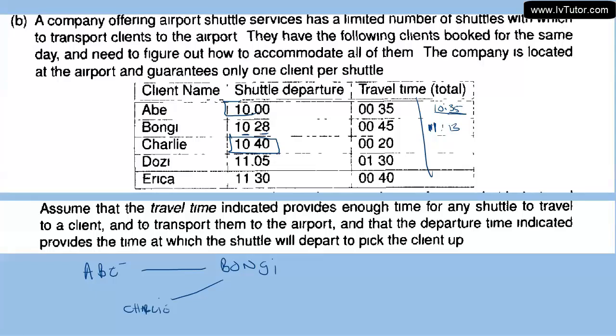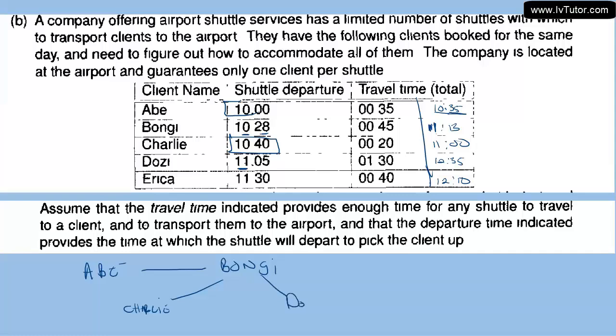Right. Now we look at 10:40 plus 20, it will be 11:00. Then 11:05 plus 1 hour 30 minutes, it's going to be 12:35, and then here 11:30 will be 12:10. Right. So Wongi, back at 11:13, cannot also collect Dozy with the same shuttle because of 11:05.